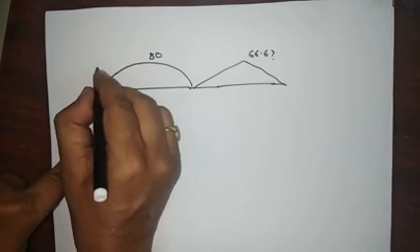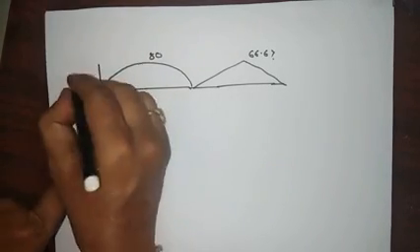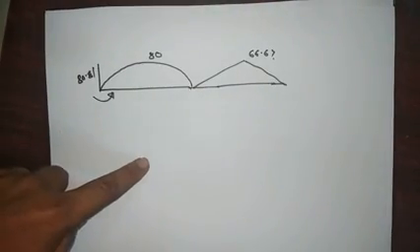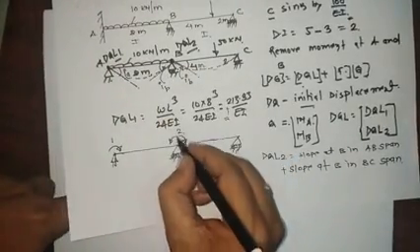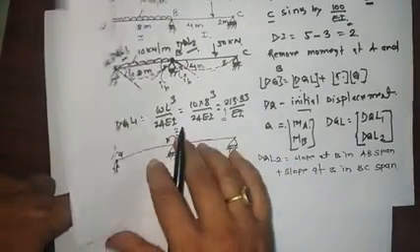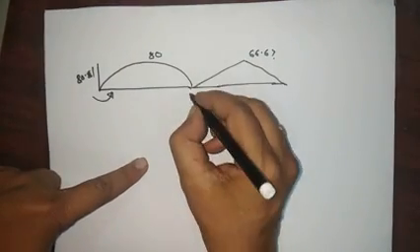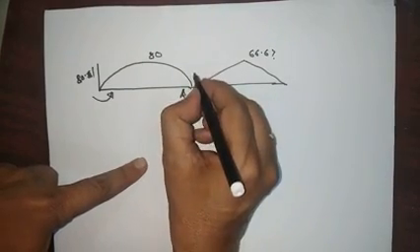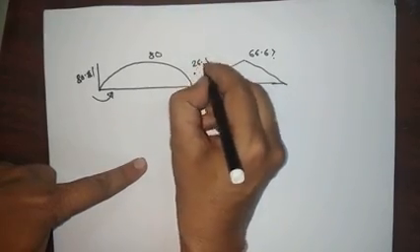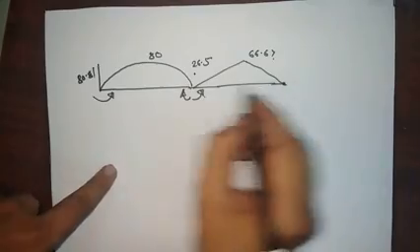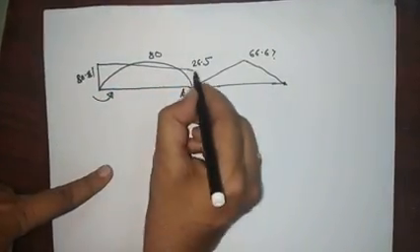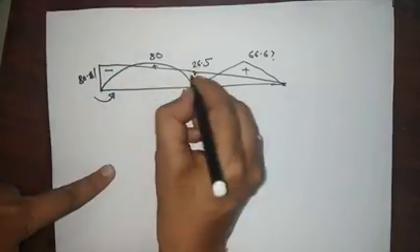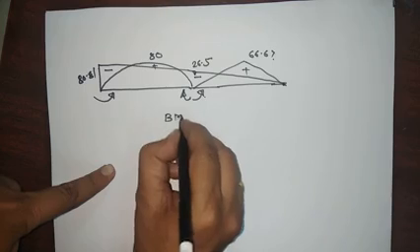So take 80.81 here. Here also we initially assumed both are sagging, but the answer is negative. It means both are hogging here. That value is 26.5, and this is simply supported so it is 0. So join this; this value is positive, negative and negative. So this is the BMD.